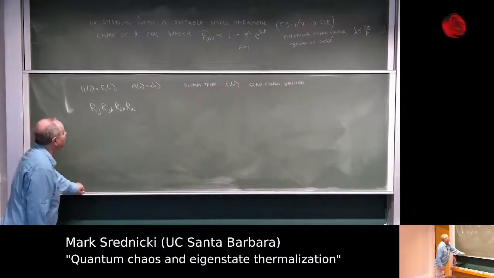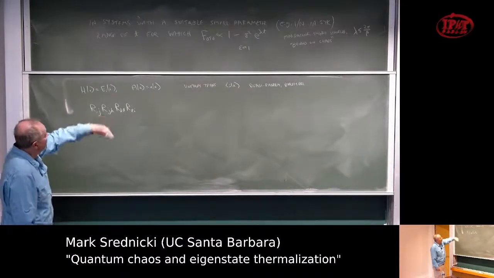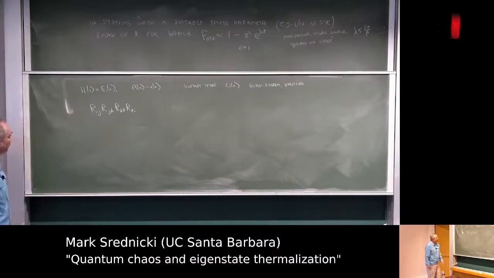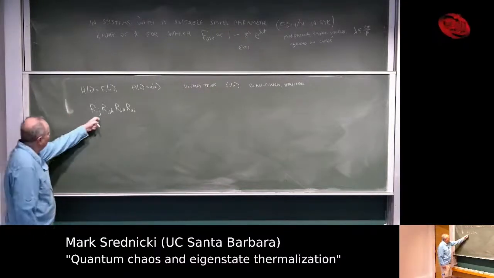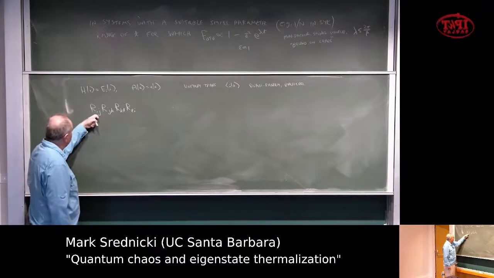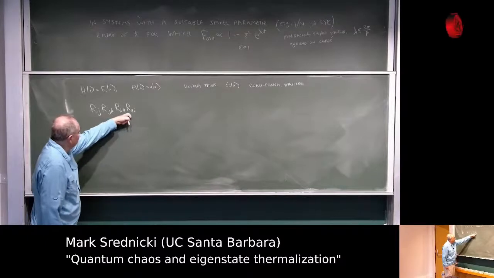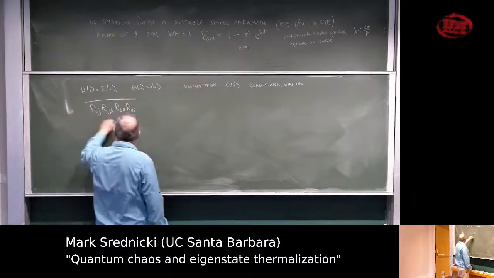Well, I've erased the 4-point correlator, but if we plugged in the matrix elements in that 4-point correlator, which had a trace, we would end up with a product of 4 R's where the indices go like this because they're being multiplied and traced.